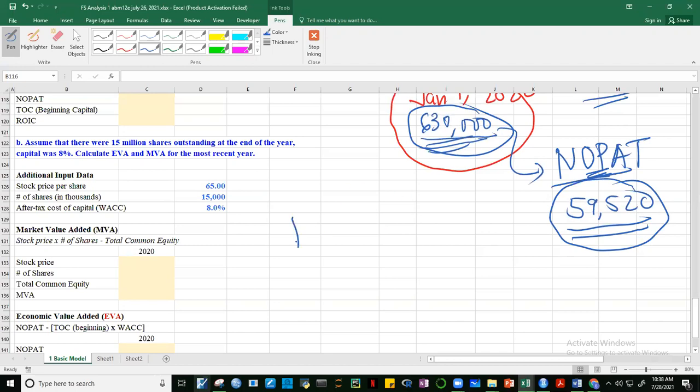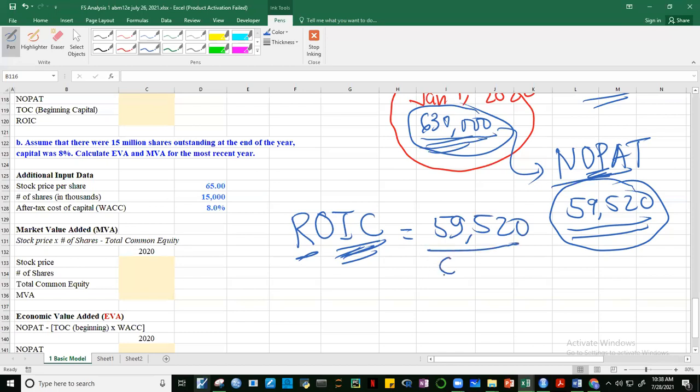So how much was the return on invested capital? Management was provided with this operating capital. How much was the return? Let's get the ratio. 59,520 is the operating profit generated out of the 630,000 operating capital given.